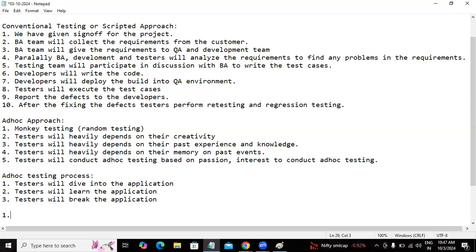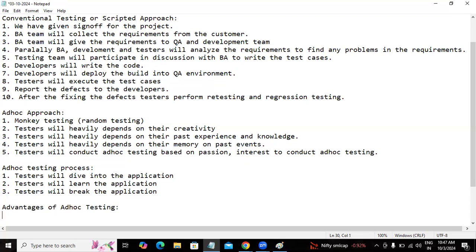Advantages of ad hoc testing. One is quick bug finding.